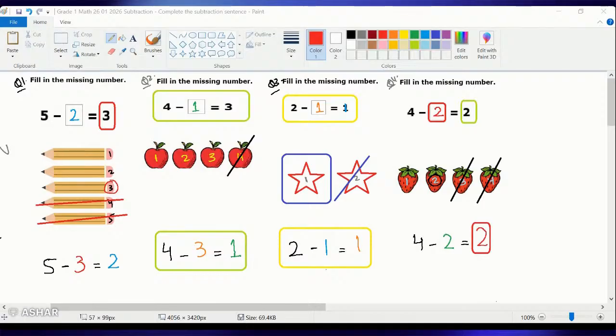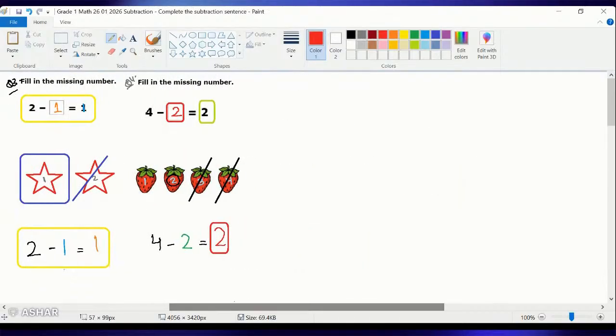So in the next question, the equation given to us, for question number 5, was 5 minus something should be equals to 2. Let's pick up some shapes, 5 shapes.